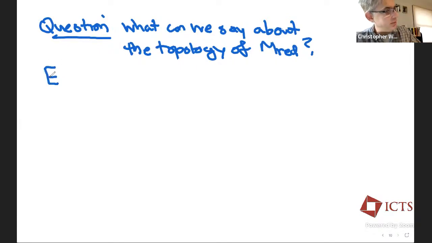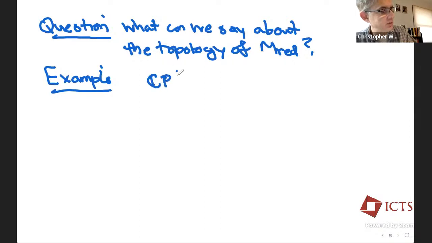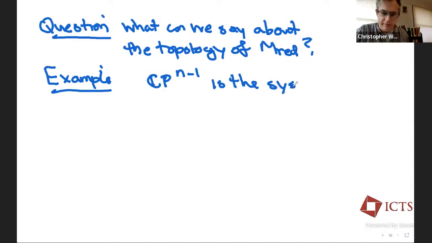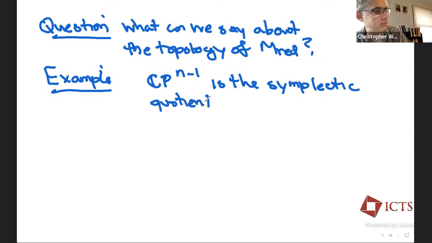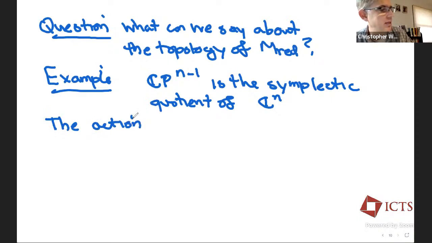And so another example would be: CP n minus 1 is the symplectic quotient of Cn. I can think of this as having an action.